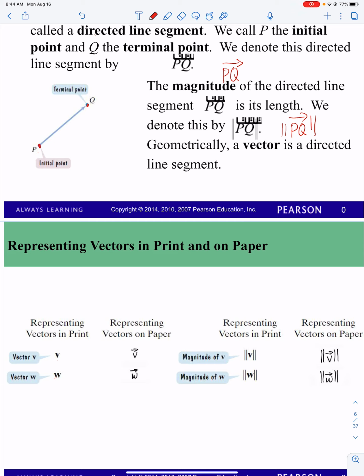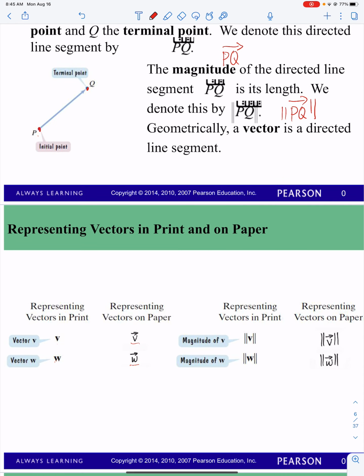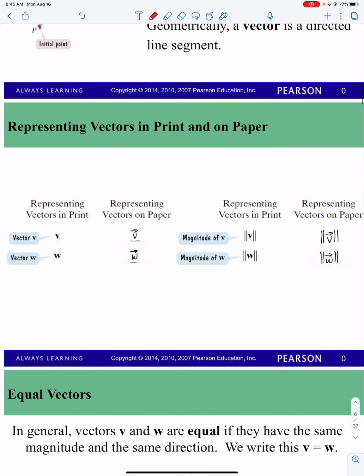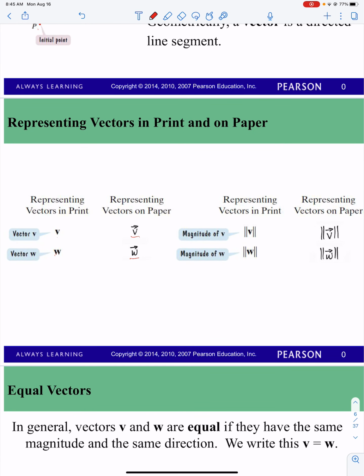It's not clear. So typically we write VW with an arrow on the top, which means vector. And the magnitude is written with the absolute value, maybe double absolute value bars.